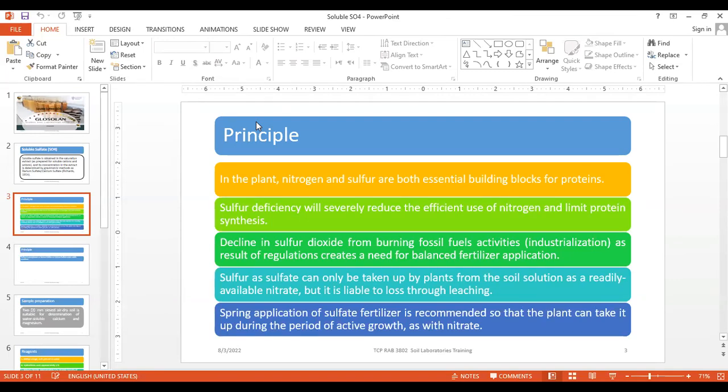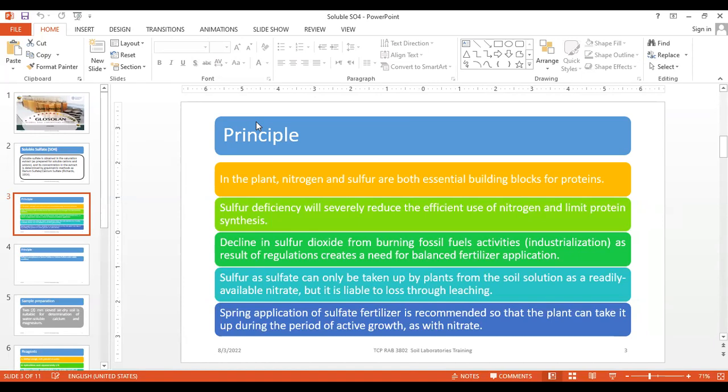And also, if we revert again to the issue of sodicity, the major reclamation procedure for sodic soil with high sodium is through application of sulfur or gypsum, and both of them are providers of sulfur for the soil and for the plant.